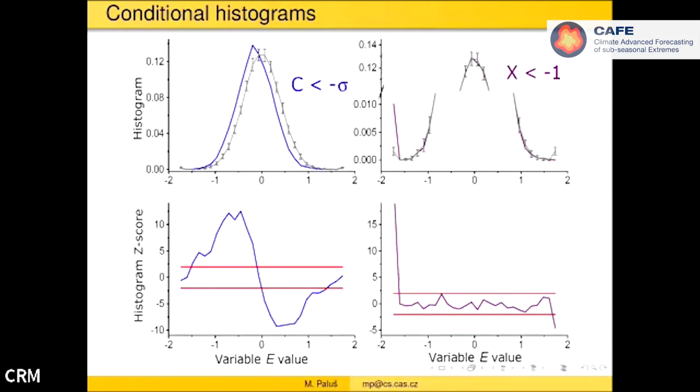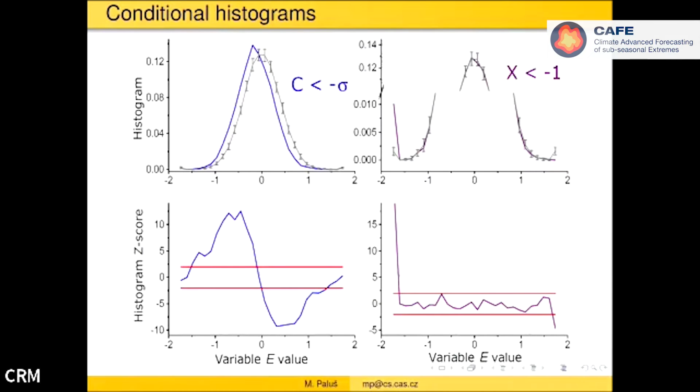We can also look at the effect of these variables using conditional histograms. When we plot the distribution of variable E given C smaller than -1 sigma, or -1 if it is normalized, we can see that this histogram is shifted to the left.